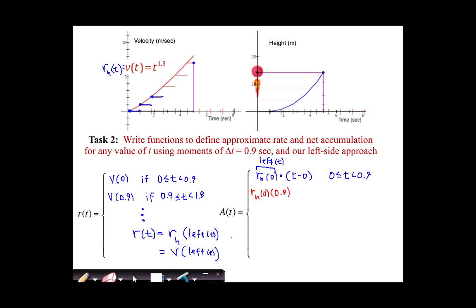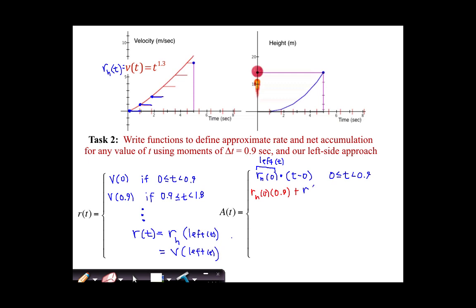Plus what's happening in the interval that t is actually in. So this is from the previous interval. This is like my y initial. If I'm in the second interval, I have some stuff that already happened, plus what's now happening at our new second rate. But our new second rate, I can say, is the rate at the left end of the interval I'm actually in.